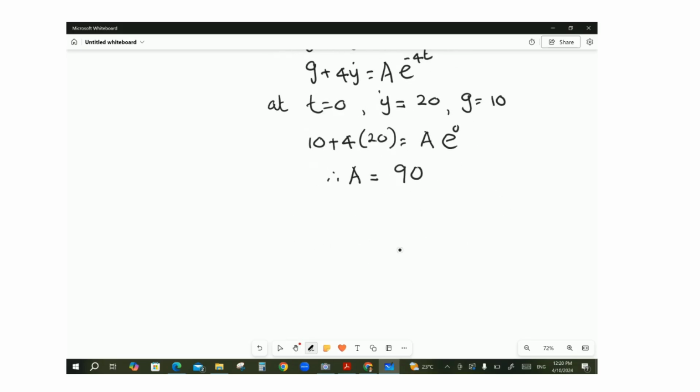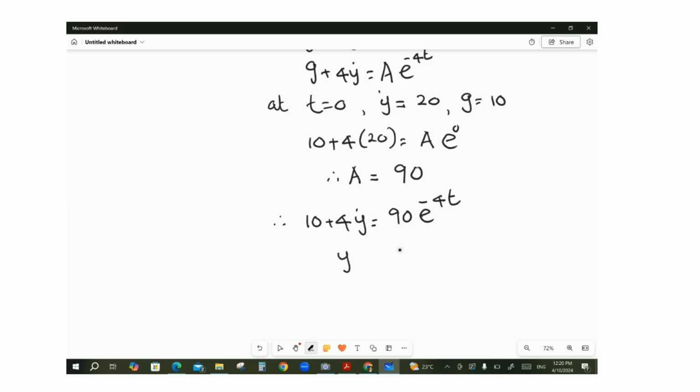Now I can write this one, therefore 10 plus 4y dot is equal to 90 e to the power minus 4t.